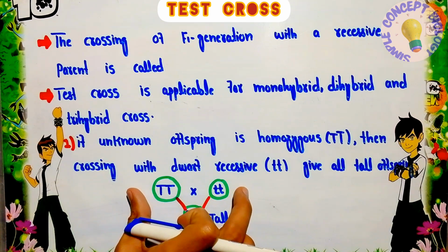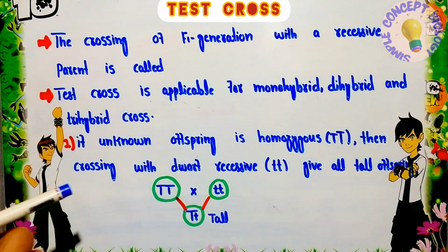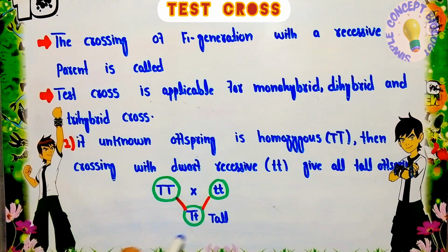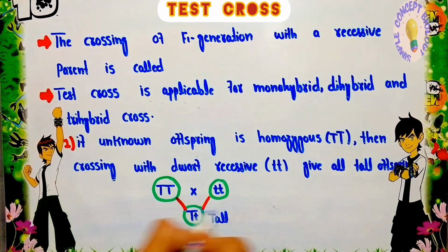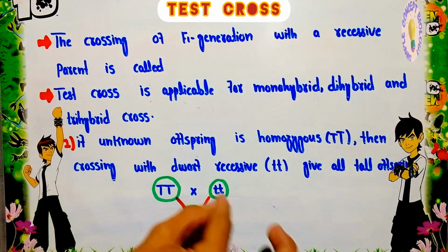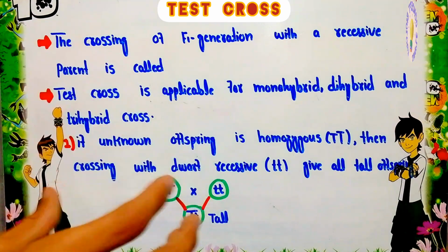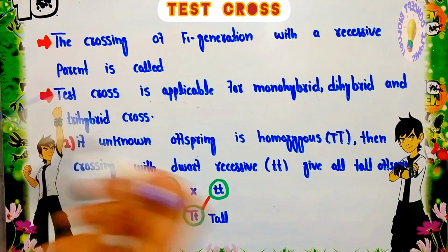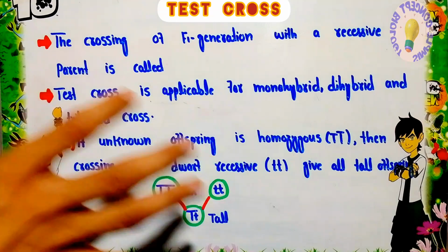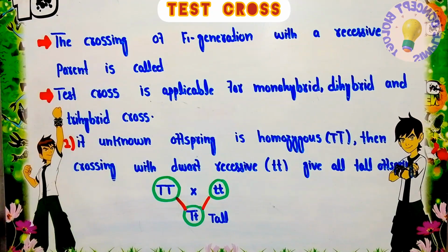After the cross we finally get all tall plants. From this we can say that the F1 generation plant we took has the genotype capital T capital T, and it is phenotypically homozygous tall.